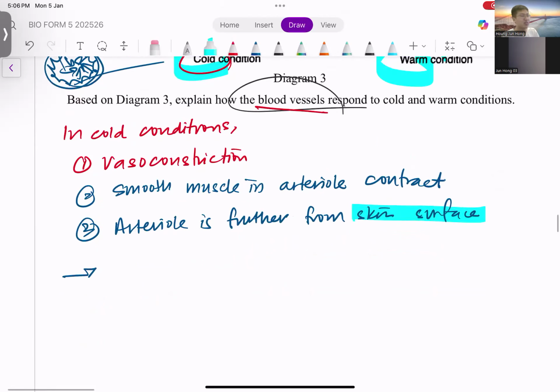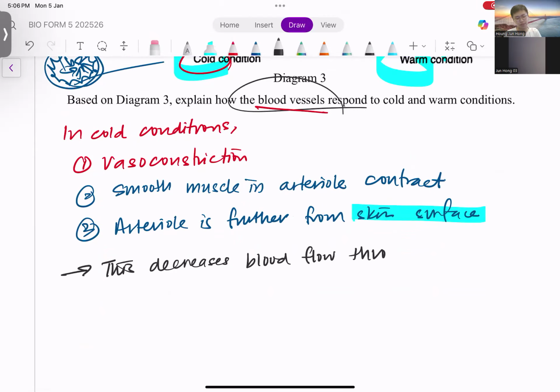Because blood contains heat. If blood flows through a skin which is outside, you can easily lose the heat. So this decreases blood flow through your skin surface. If you remove the blood, you remove the heat.